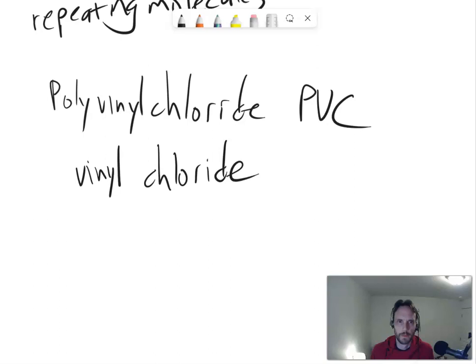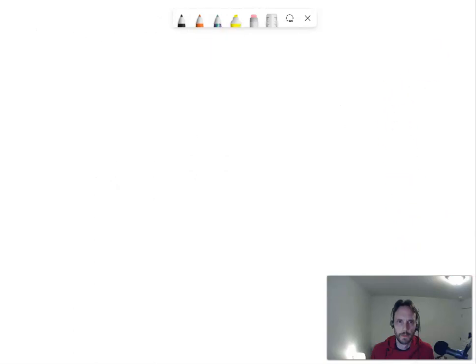Vinyl chloride is a tiny molecule. It is very small. It's smaller than glucose. So how do you make a pipe out of a molecule that is smaller than glucose? But that really is what it's made of. They react all those vinyl chlorides together to make a giant molecule. And realistically, the pipe isn't one giant molecule, but there are giant molecules in it made of just connected vinyl chloride. Okay, so that's a polymer.